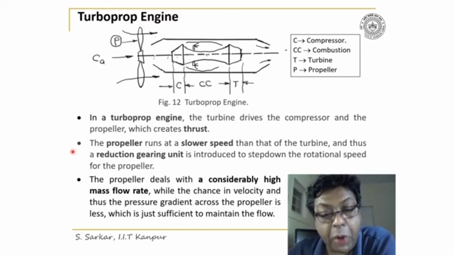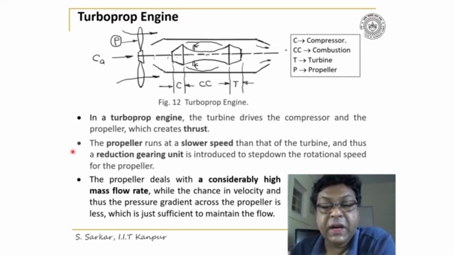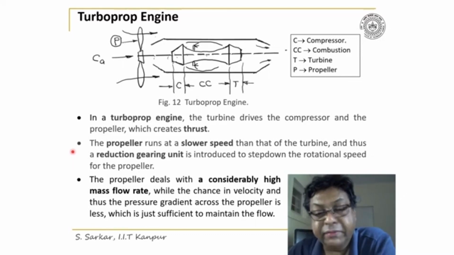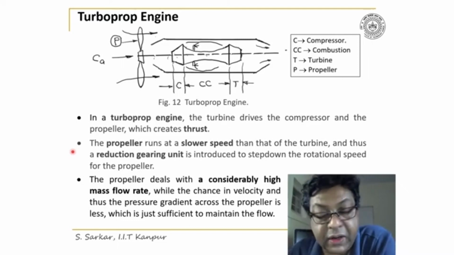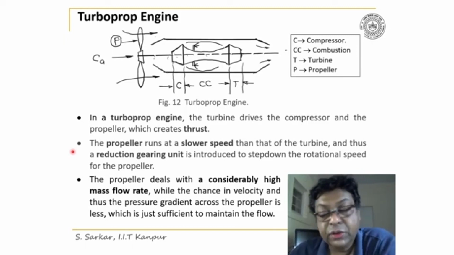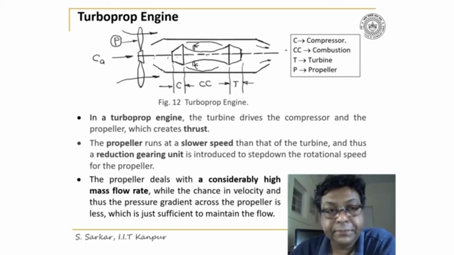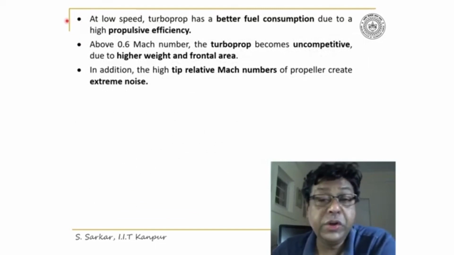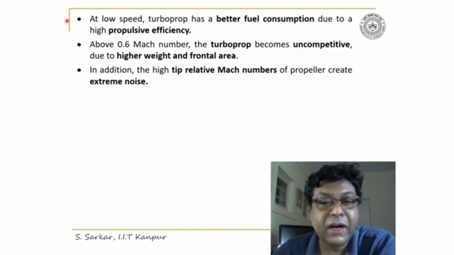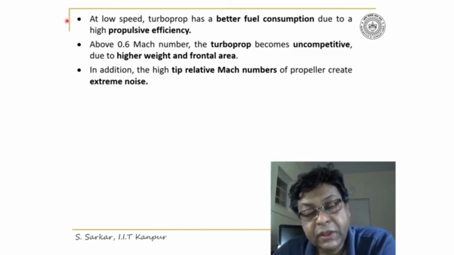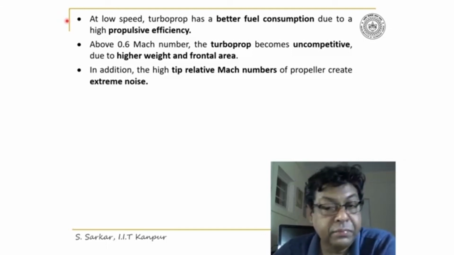Furthermore, the propeller deals with a considerably high mass flow rate, while the change in velocity or the pressure gradient across the propeller is low, just sufficient to maintain the flow. Please note that at low speed, a turboprop engine has better fuel consumption due to high propulsive efficiency.